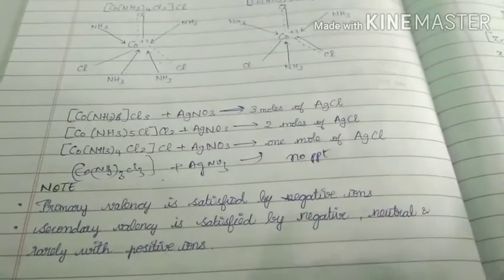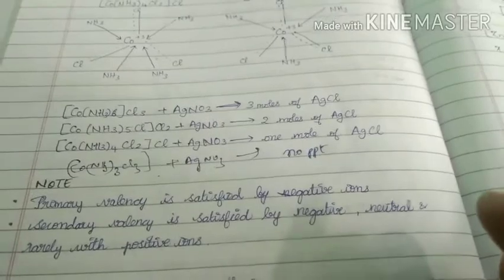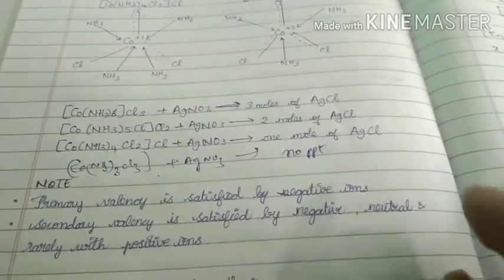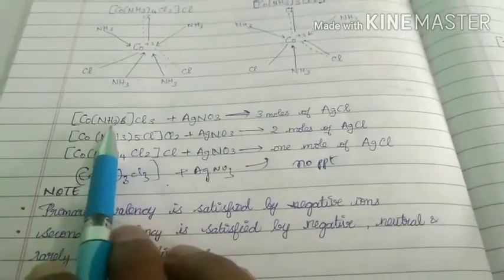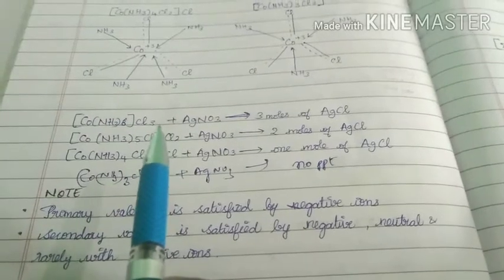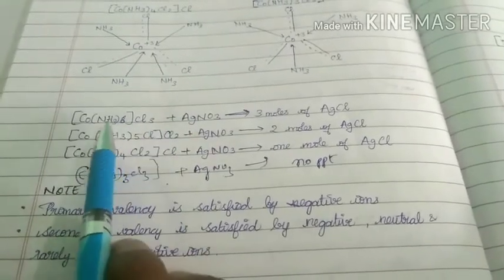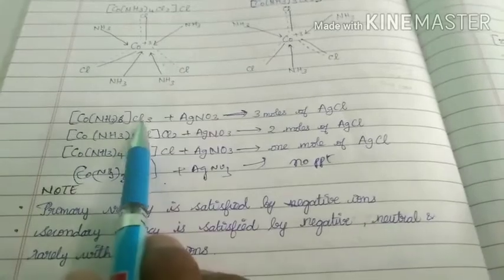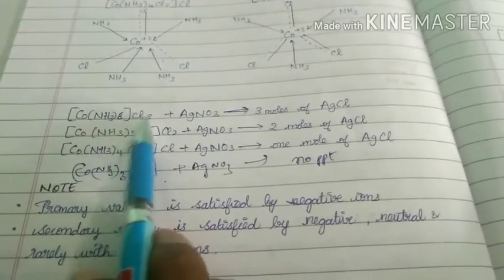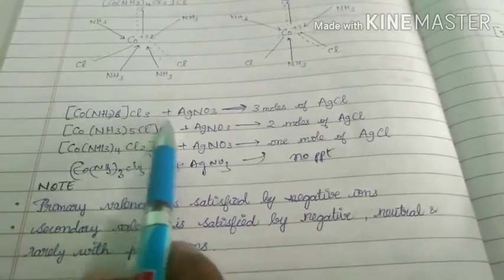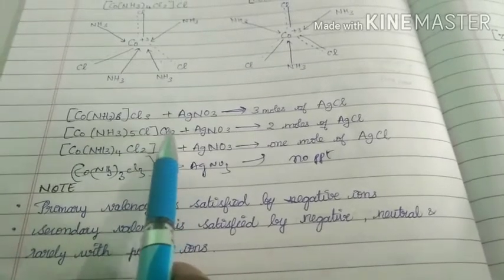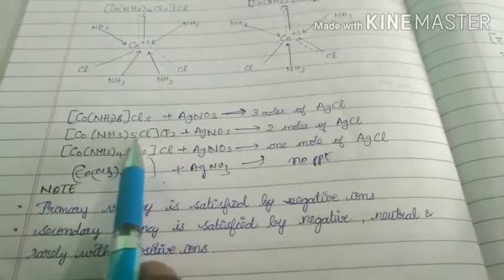What is the condition to exhibit conductivity? Either the substance should have free electrons or free ions. Here in this case, which condition should we consider? Free ions. That means when this compound is present in water, it gives 4 ions: 3 chloride ions, 1 complex ion, total 4. When this compound is present in water, we get 3 ions: 2 chloride ions, 1 complex ion.